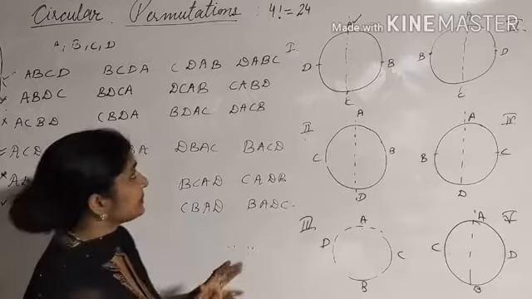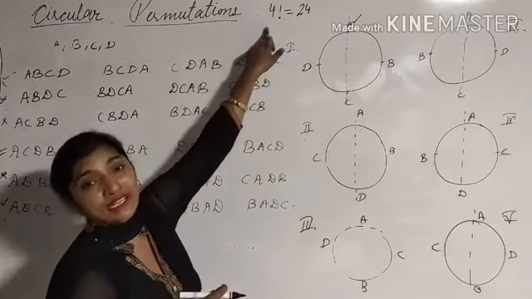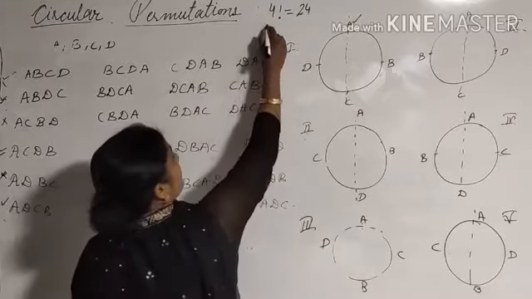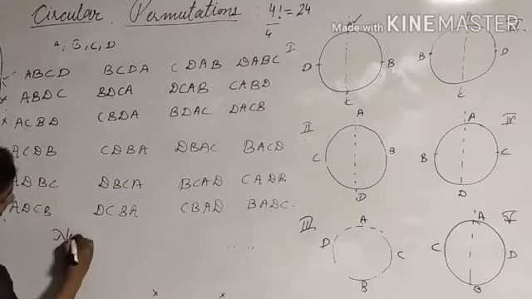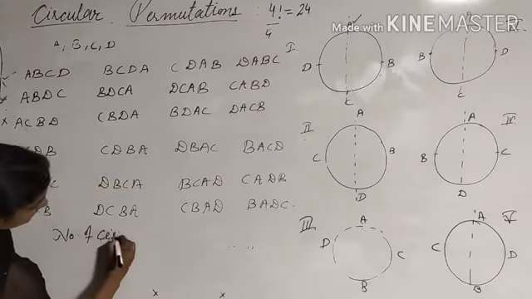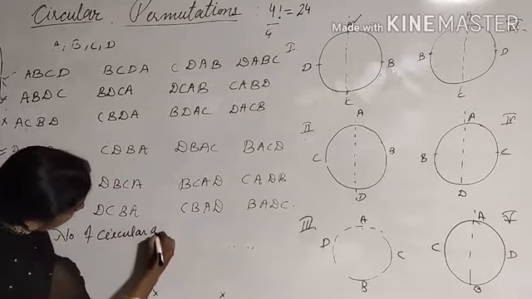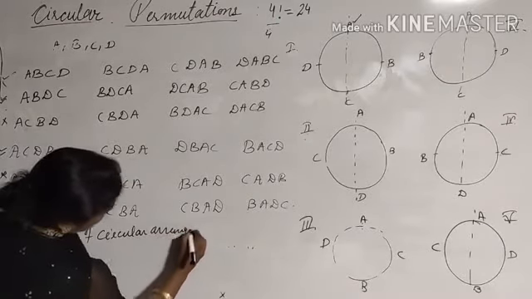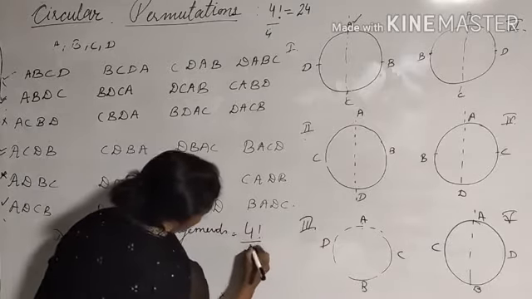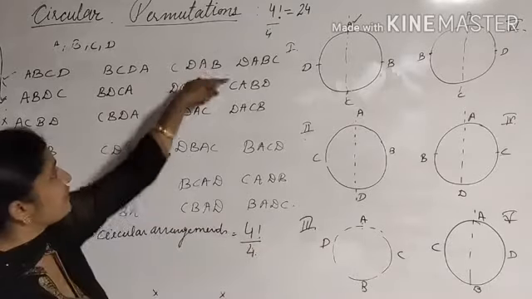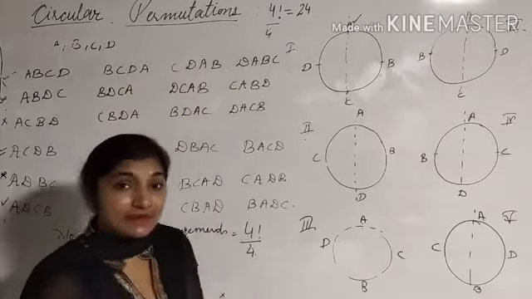It means what? That the total number of arrangements is divided by 4. Now, the number of circular arrangements with 4 objects is 4 factorial divided by 4, because each of the 4 arrangements gives rise to the same circular arrangement.